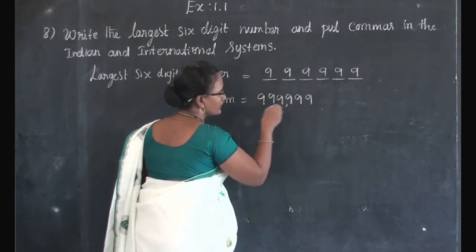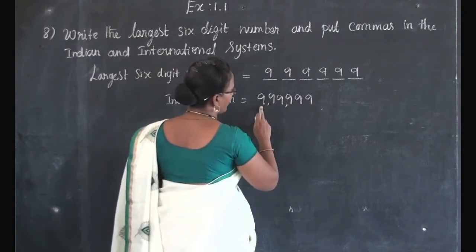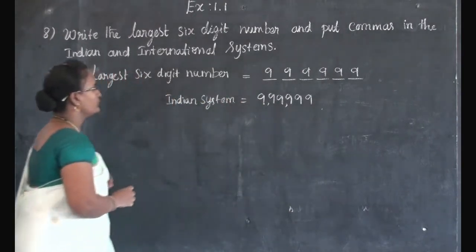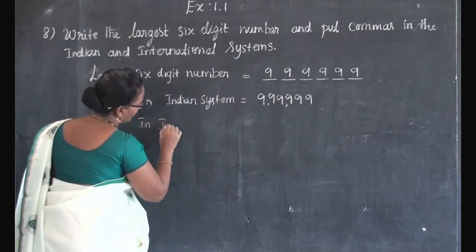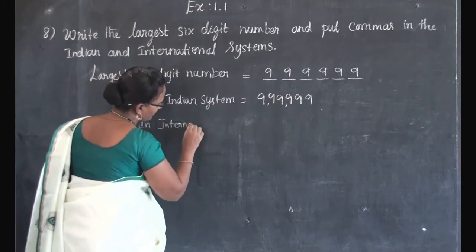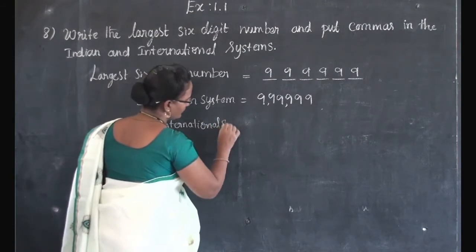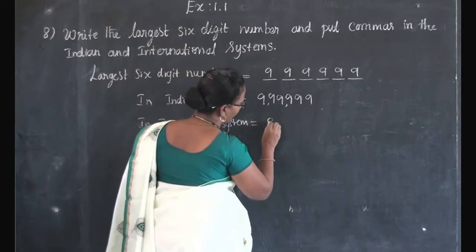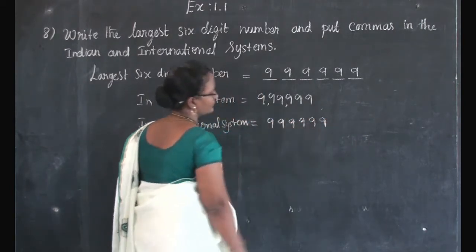So first 3 digits, and then 2 digits. So 9,99,999. Now in the international system, same 6-digit largest number.